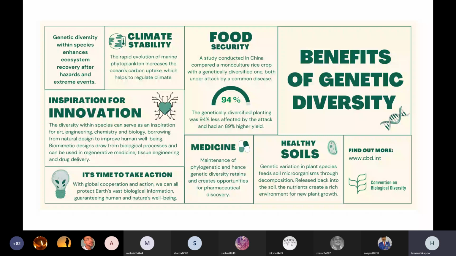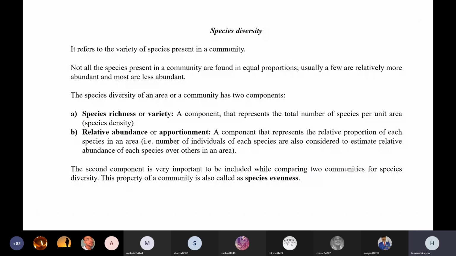Now coming to the species diversity. This was with the genetic diversity. Now coming to species diversity. What do you understand by the term species diversity? What is a species first?